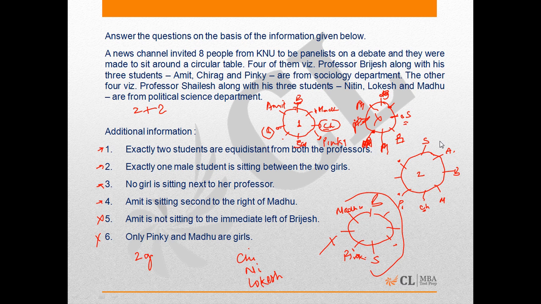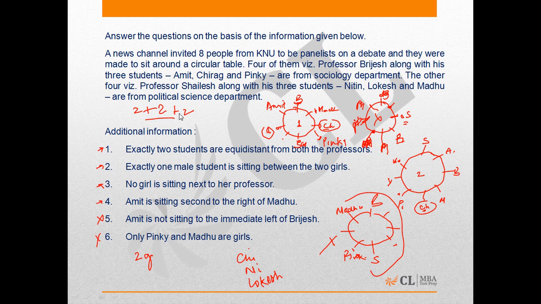then the persons from the same department would be Nitin, Lokesh and Sailesh, and this is possible in two ways, as on the remaining seats the two persons Nitin and Lokesh can sit in two ways, and when Chirag sits at any of the other two positions, then there would not be a case when three persons from the same department can sit together.